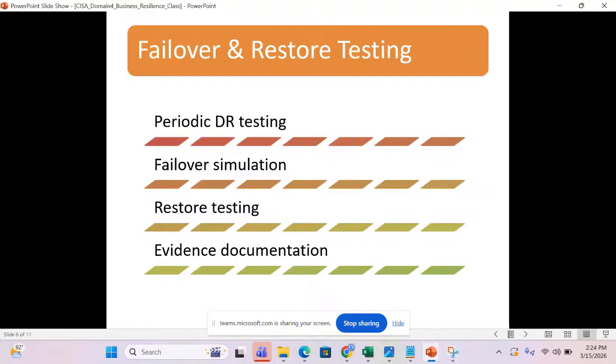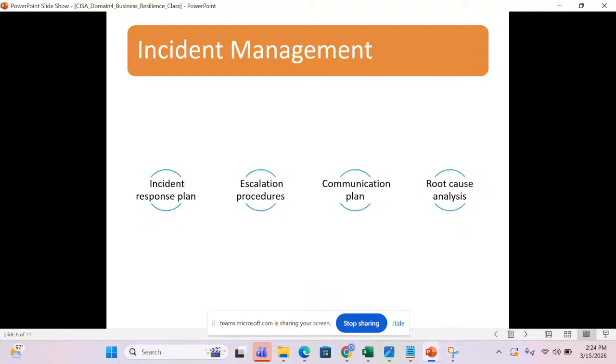Right, so now let's go into incident management. What is incident management? Incident management simply means that we know there will be incidents.